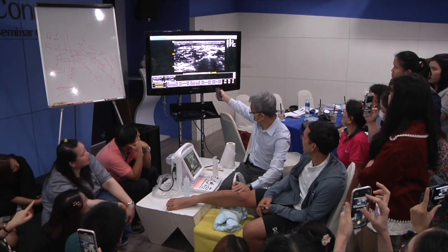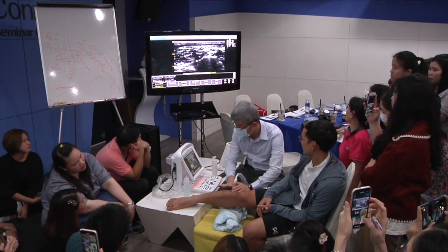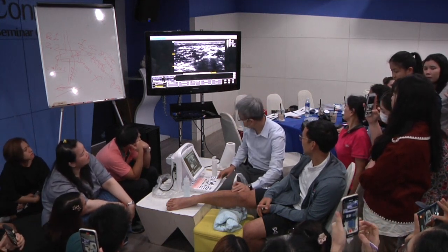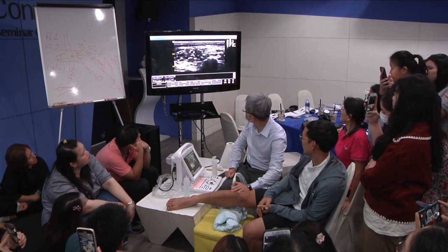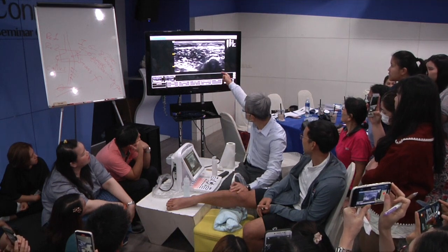See? Right? The common peroneal nerve is going to separate. You can trace the nerve. See? It's moving deep.